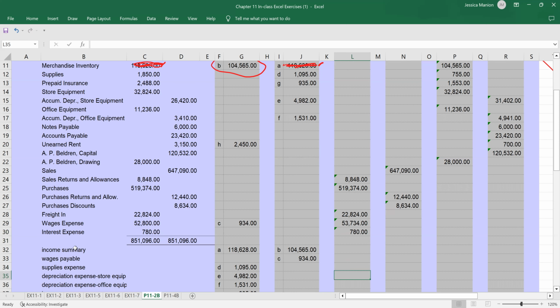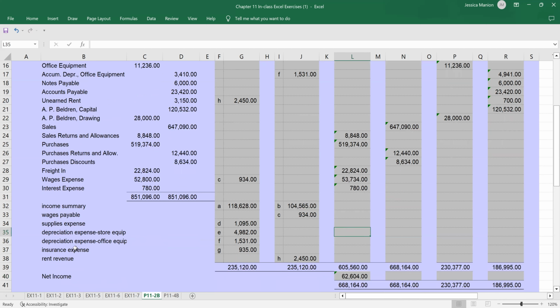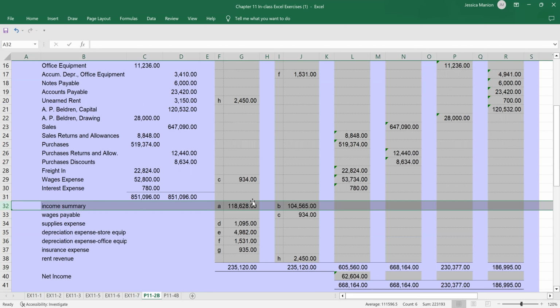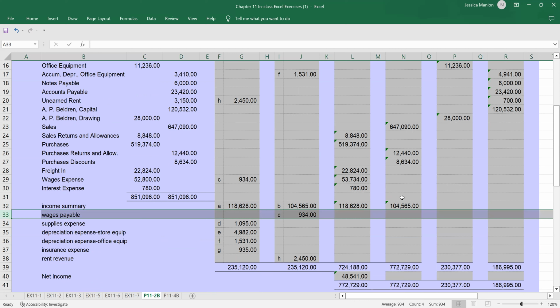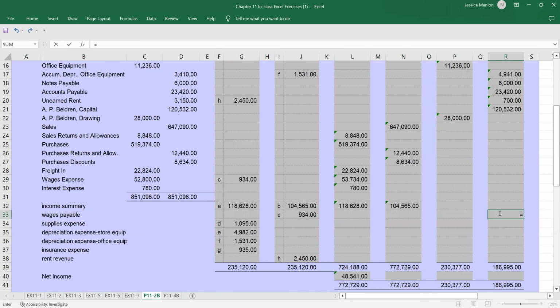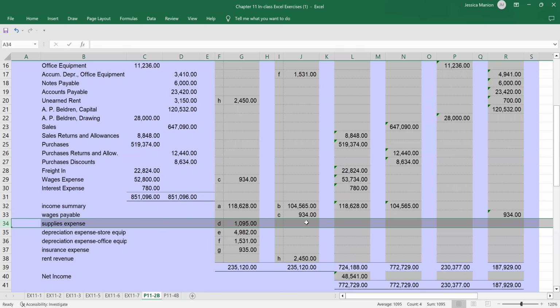Okay, now we're down to these accounts that we used for our adjusting entries. So income summary had a debit of 118,628, a credit of 104,565. Wages payable. This wages payable belongs on the balance sheet. Remember, wages payable is a liability. Credit balance of 934. The rest of these all belong on the income statement.